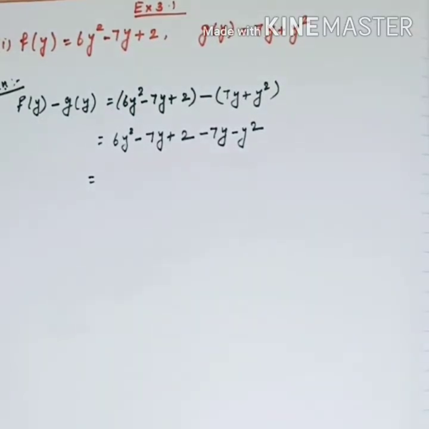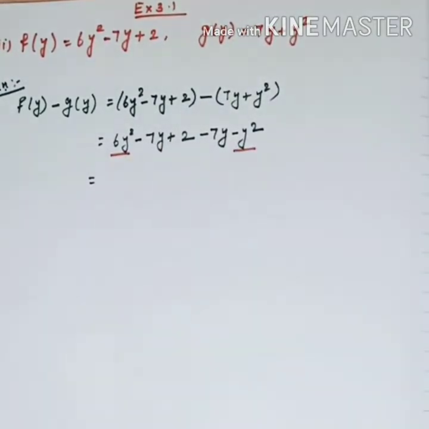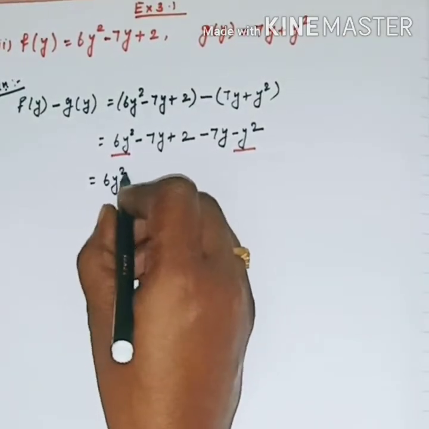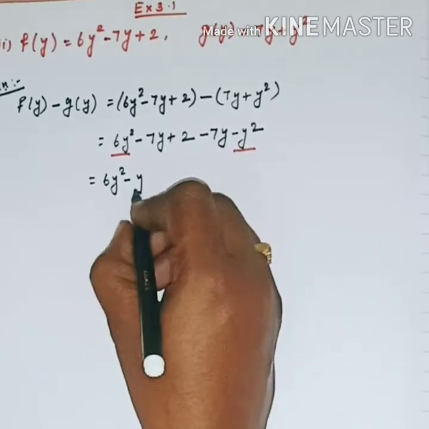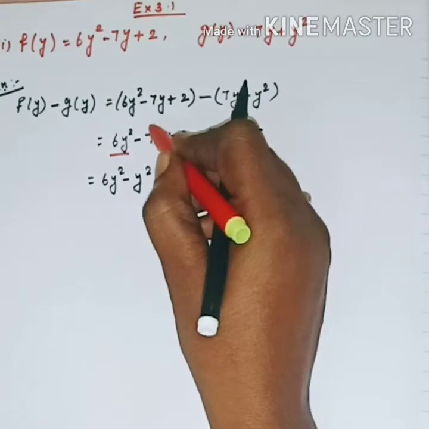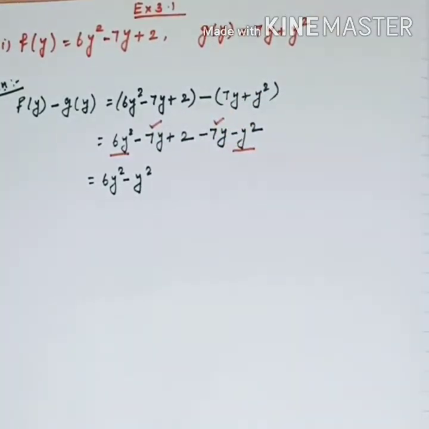Here 6y square and minus y square are the like terms. So combining these two like terms together, we have 6y square minus y square, and then another like term is minus 7y, and here also we have minus 7y.